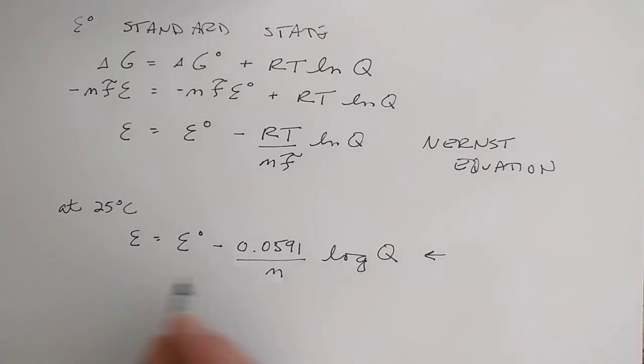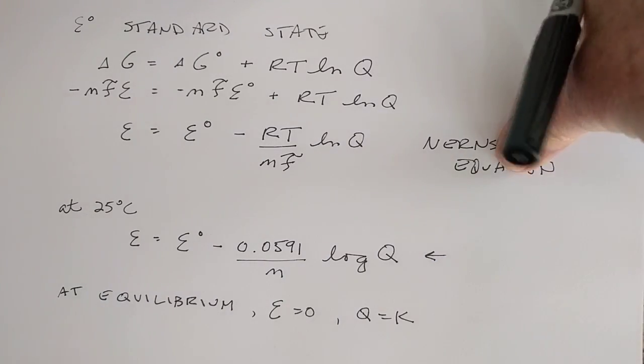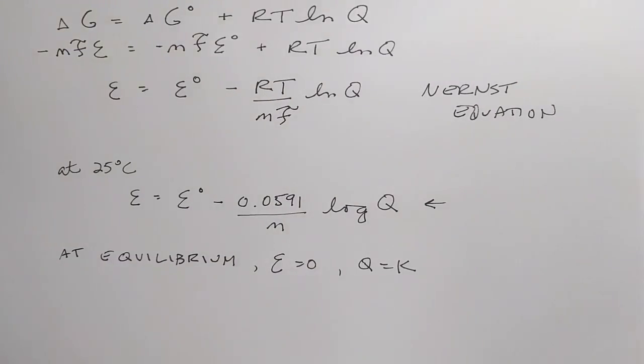We can also derive this for when we are at equilibrium. At equilibrium, our E is 0. Our battery is dead. It does not run. And at equilibrium, we know that our Q equals the K. So we can plug in for equilibrium.